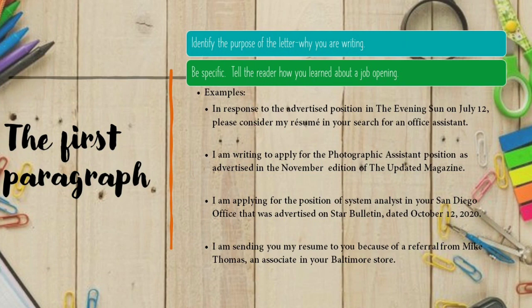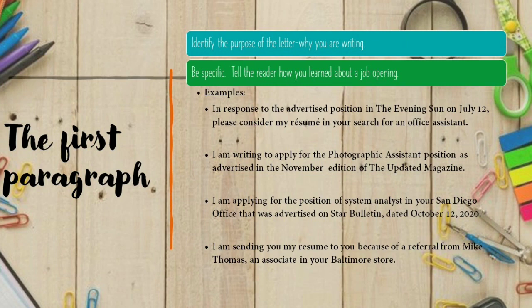Here in the first example, the purpose of the letter or the reason is to apply for an office assistant position. Here in the first example, the sender also mentions where he got the information of the job opening. That is the Evening Sun on July the 12th.